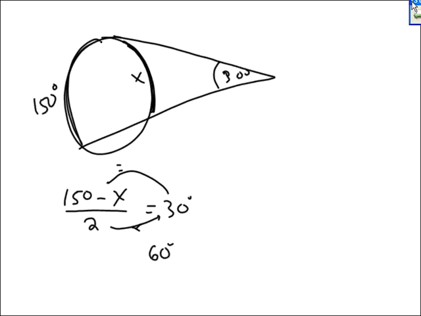And that must equal the top. 150 minus X is 60. Well, you really should know that 150 minus 90 is 60. So it turns out that that arc is 90 degrees.